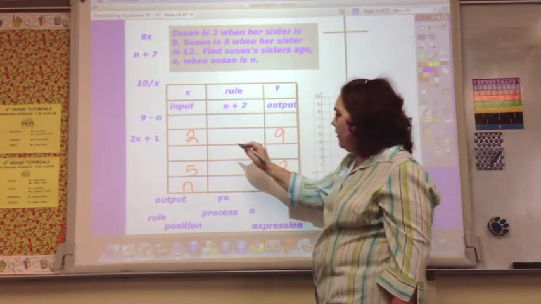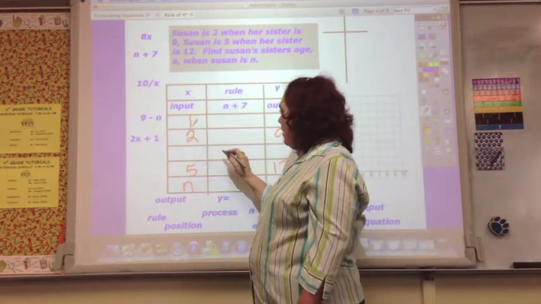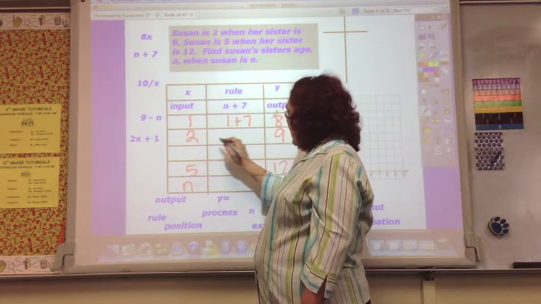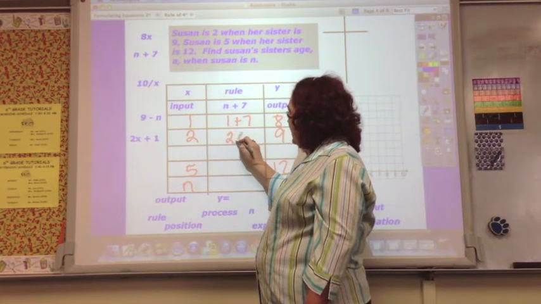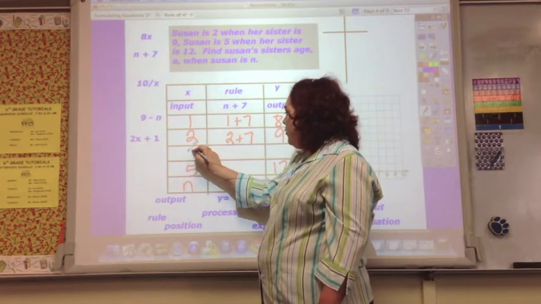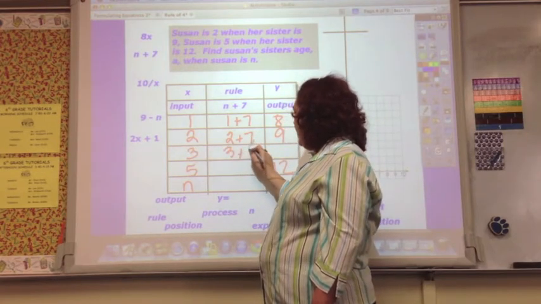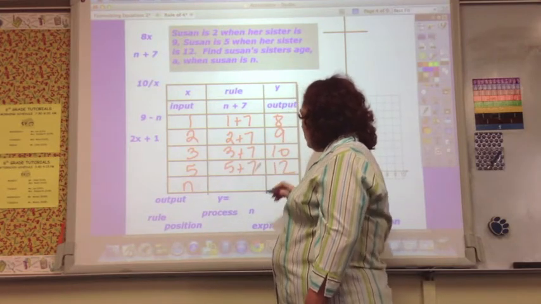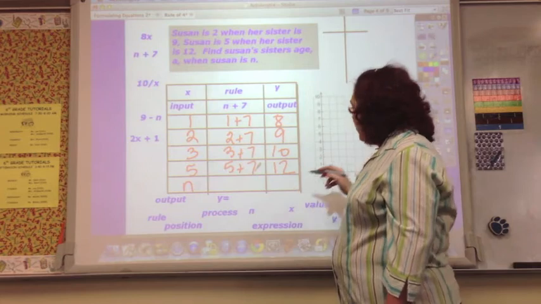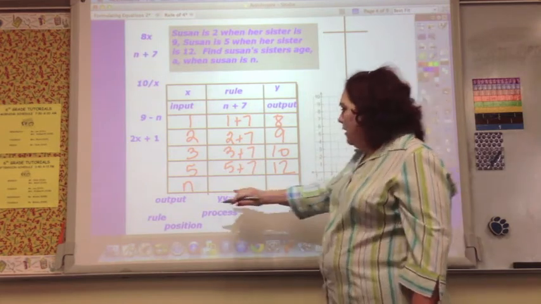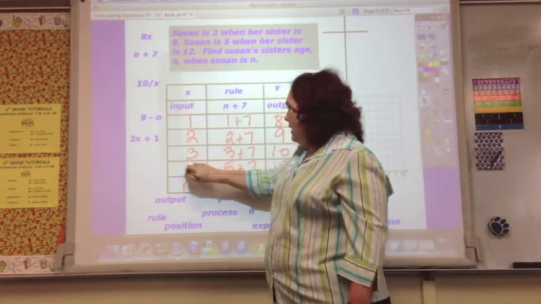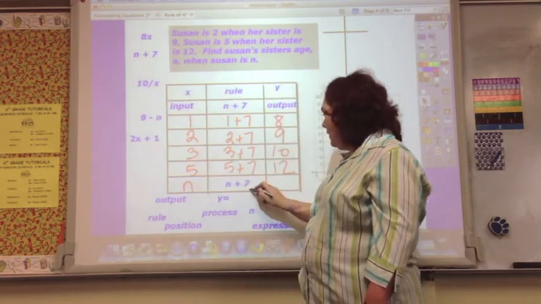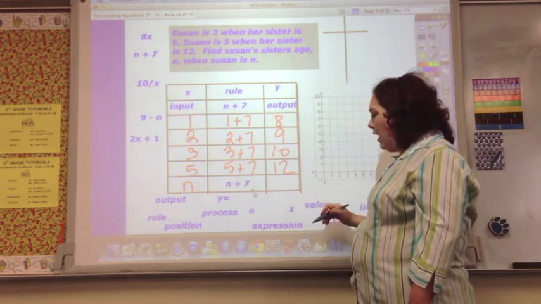So if I wanted to say, okay, whenever Susan was 1, 1 plus 7 equals 8. And whenever she's 2, 2 plus 7 equals 9. And whenever she's 3, 3 plus 7 equals 10. And then I jump to 5, 5 plus 7 equals 12. And so my rule for n is any number plus 7 equals y.